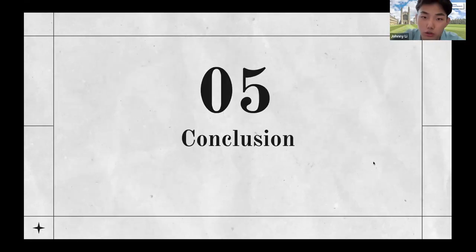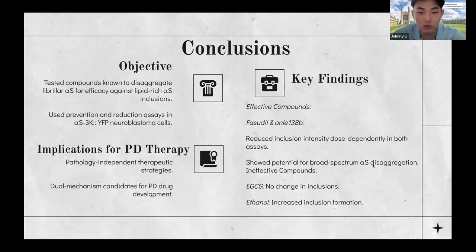So whether these drugs act via some kind of degradation mechanism. Now onto the conclusion. It sums up everything that I've talked about before, but essentially a hypothesis emerged from our research, which is that lipid-rich alpha-synuclein aggregates may be more fibrillar than previously believed, which could explain why Fasudil and Anli are both effective in dissolving them.